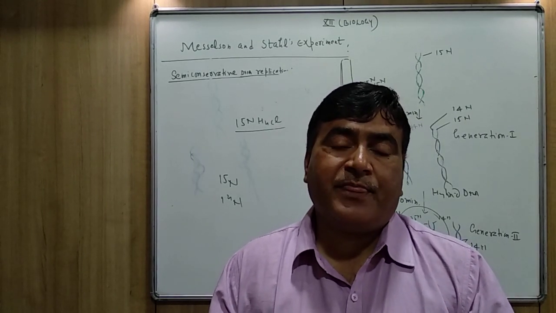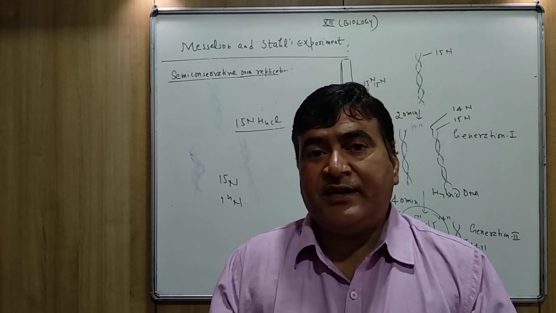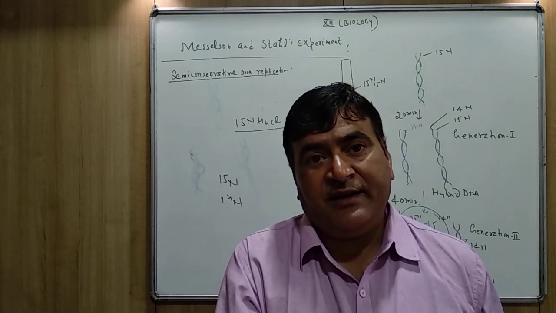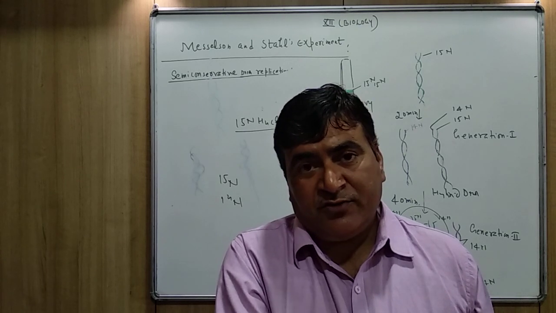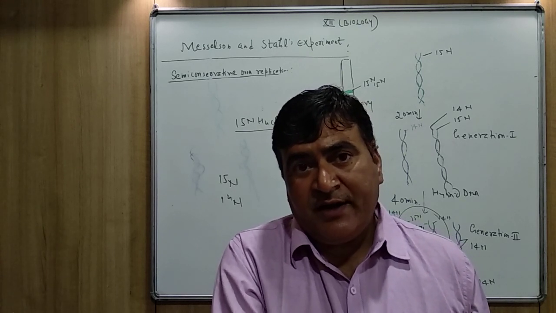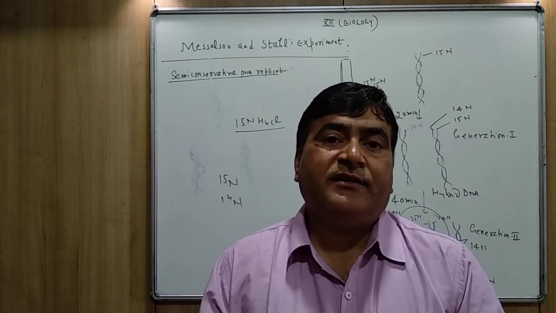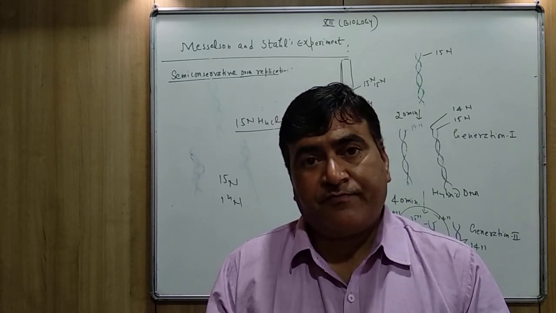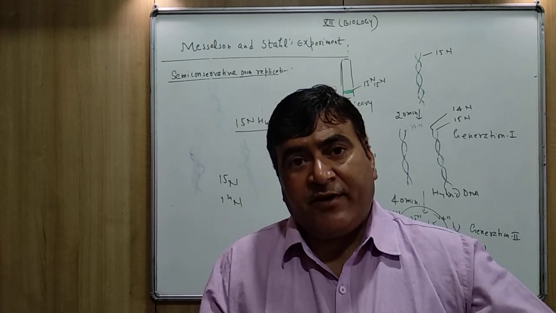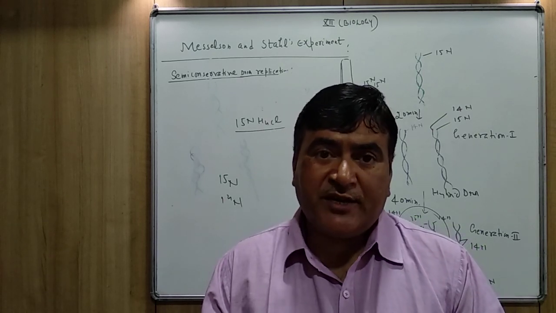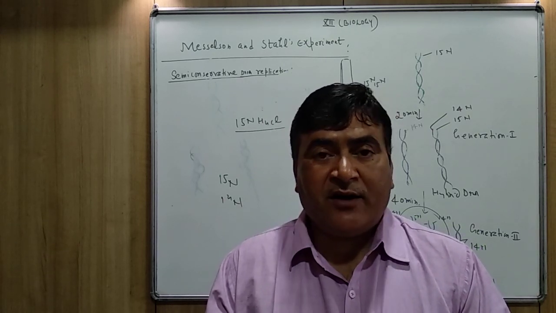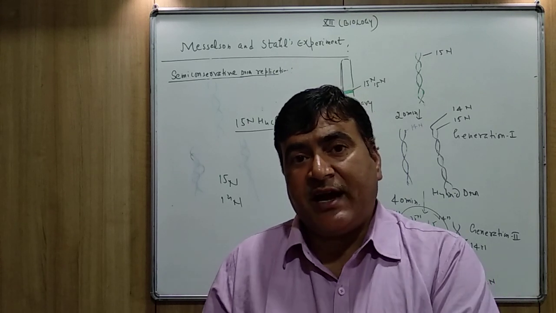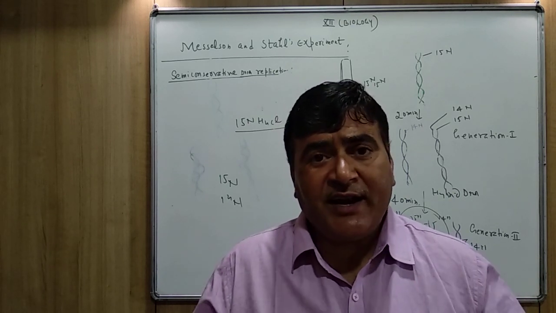He observed in the first generation that in the bacteria, 50% of the DNA molecules had the 15N isotope incorporated, and the remaining 50% had the 14N isotope. Again, after 20 minutes, he observed that 50% were hybrid and the remaining 50% were lighter.